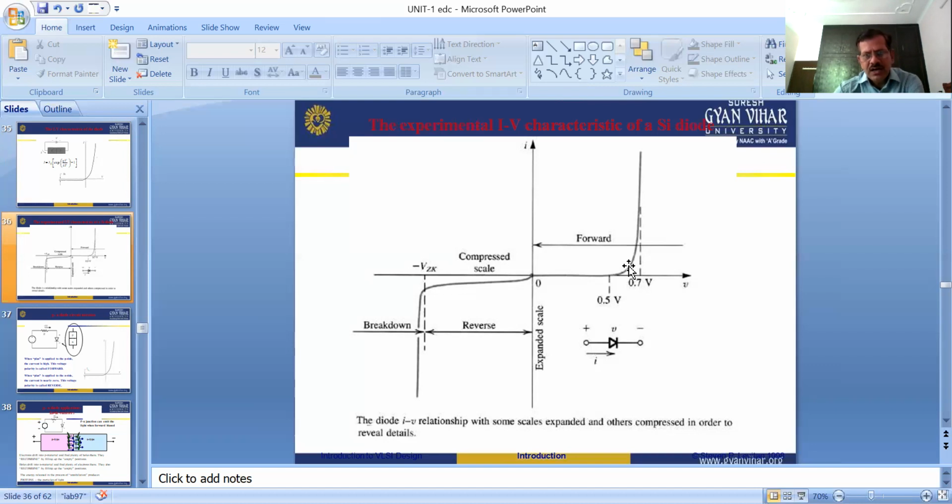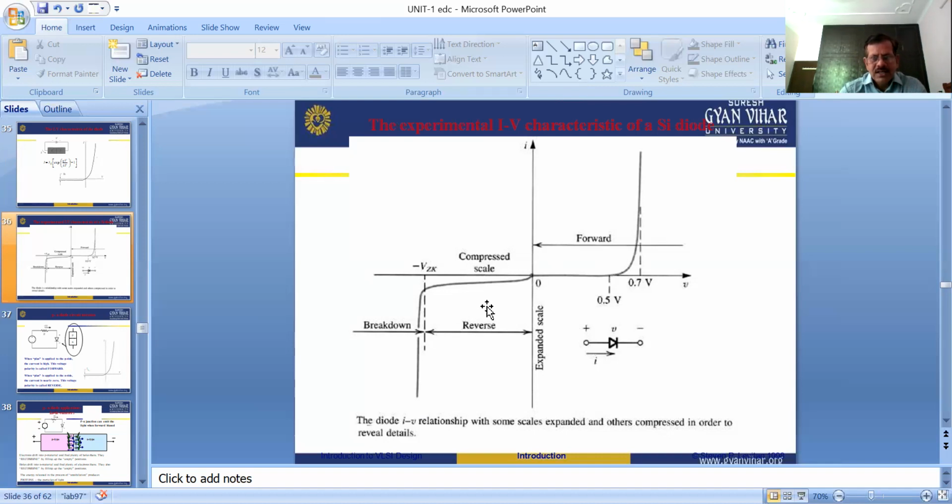But up to the cut-in voltage, we increase the voltage, but there is no increase in current. So cut-in voltage is that voltage of the PN junction diode after which the diode starts to conduct. This is the forward bias condition, and this is the reverse bias condition.